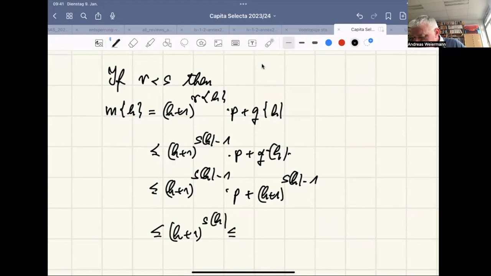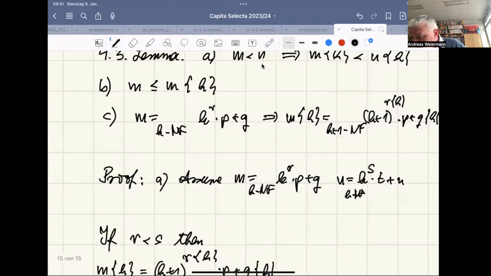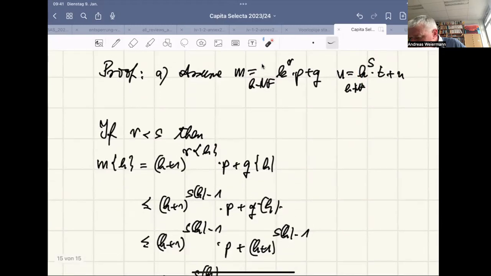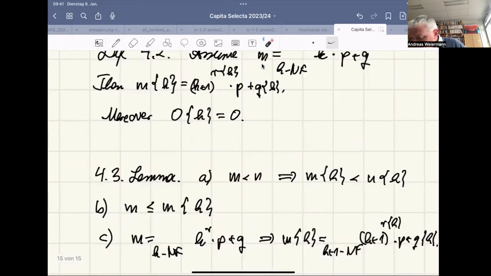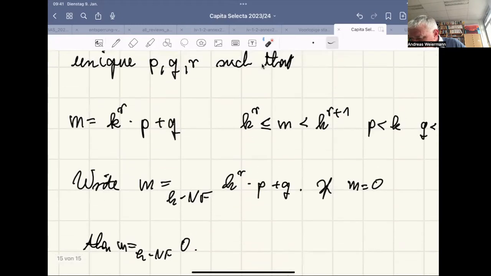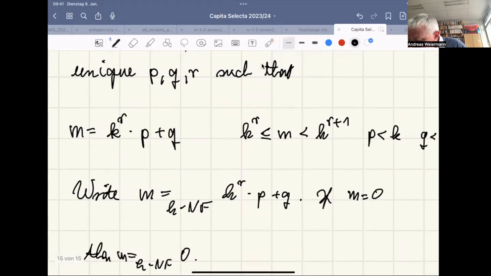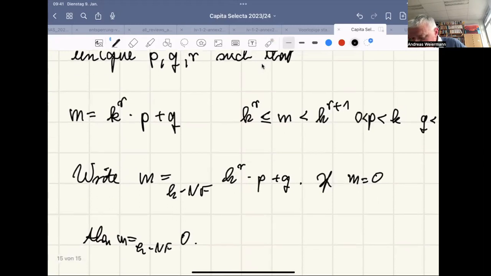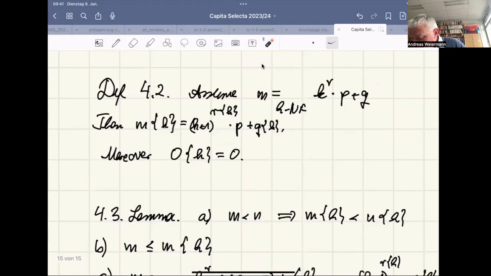And now this is clearly less than equal to the base change over here. Now I have to make one assumption. I didn't write it here. This p is assumed to be bigger than 0, because otherwise there would be some ambiguity.